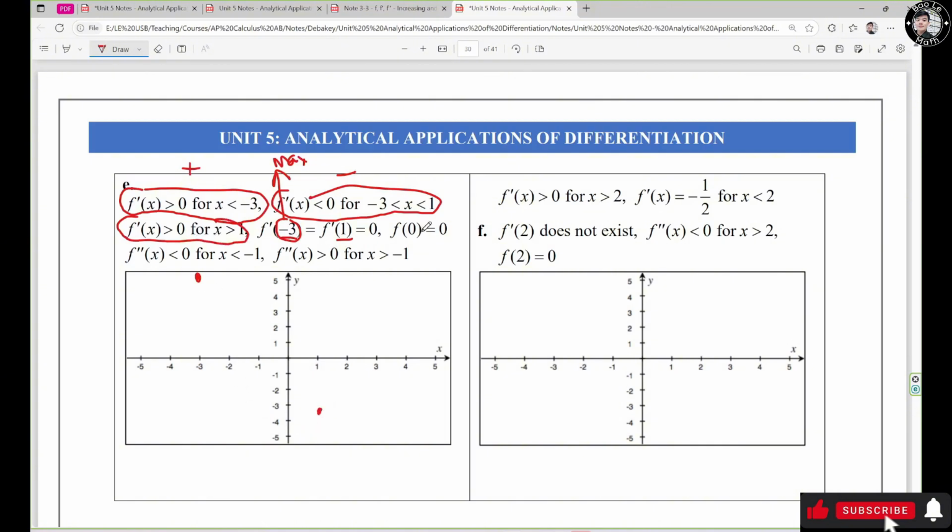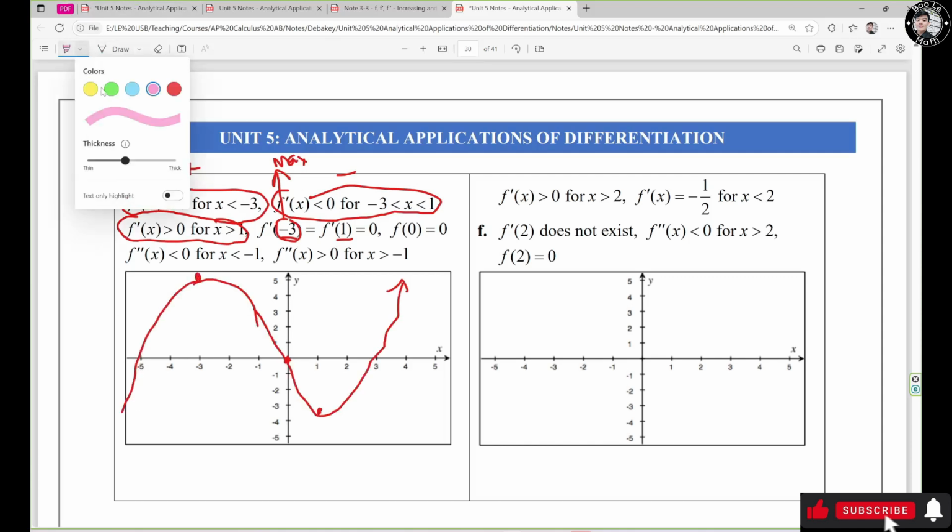Now next one, f of 0 equals 0. So the function must pass the origin, right? Now we know that f double prime of s less than 0 for s less than negative 1, right? So from here all the way to the left, the function f of s is concave downward, right? From here all the way to the right, the function f of s is concave upward, right? So we just get a graph something like this.